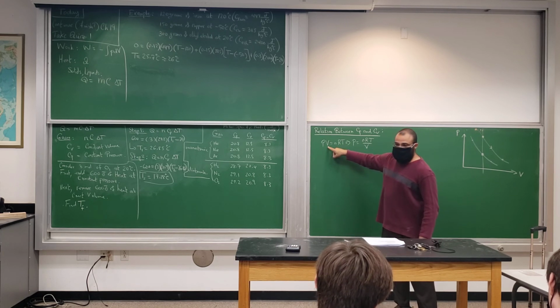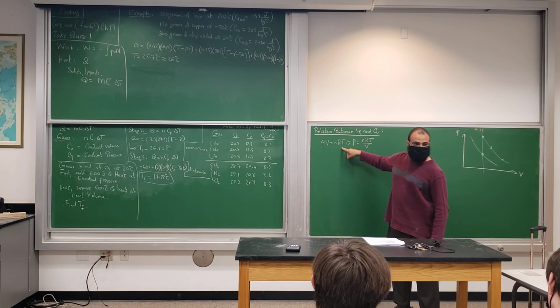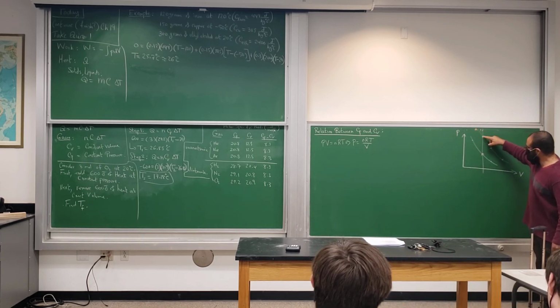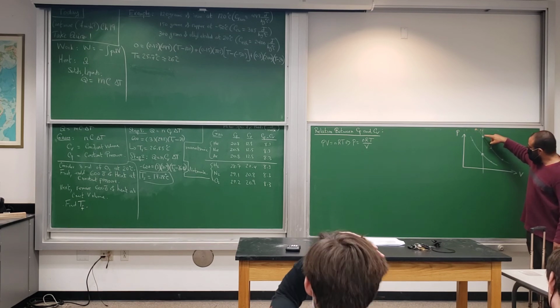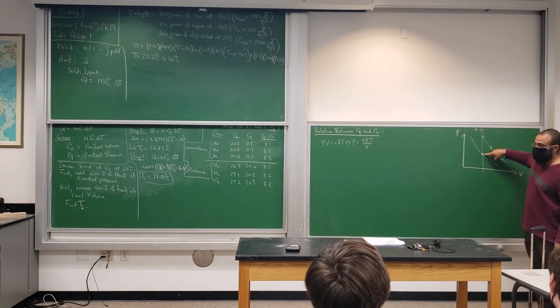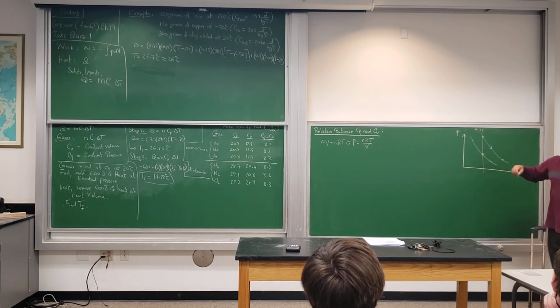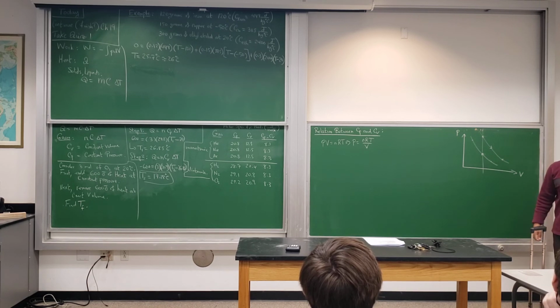So the product of PV, if it's larger, will give me a higher temperature. V here is the same as V here, but P here is higher than this. So PV here is larger than PV here. Does this make sense, or I'm just talking to myself? It does. Okay, good. So this is the higher temperature.